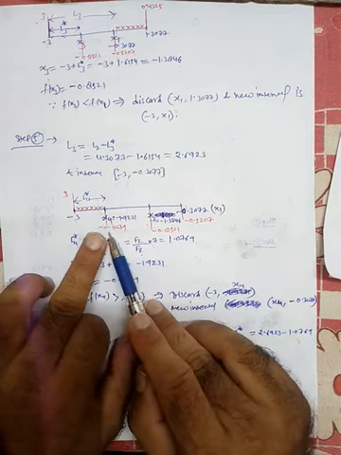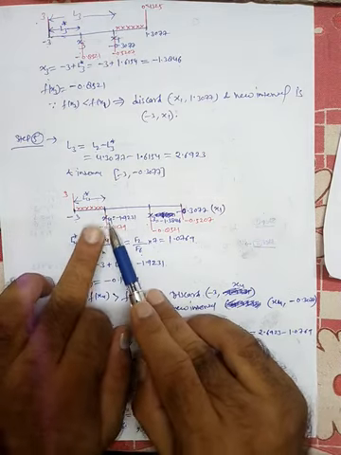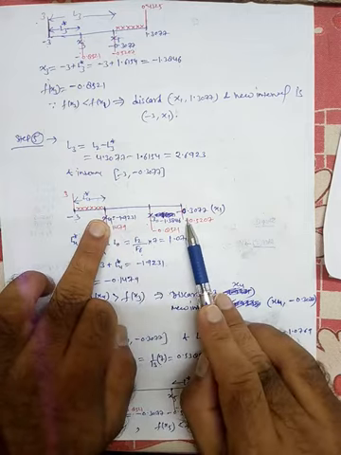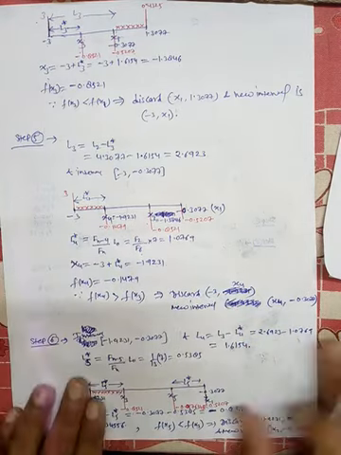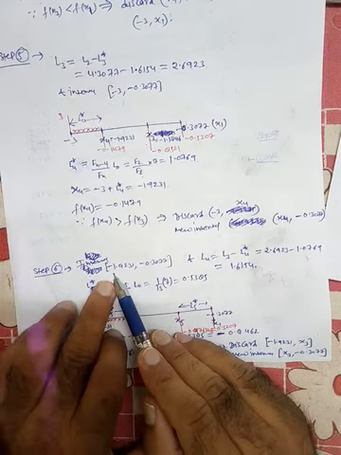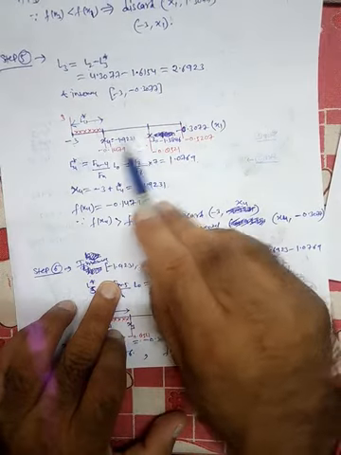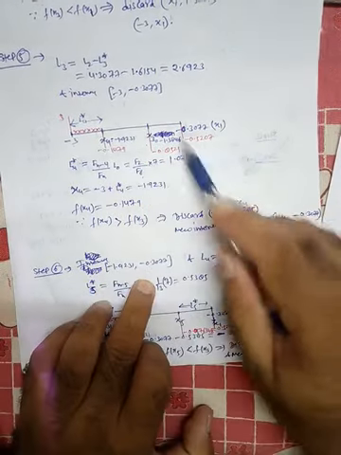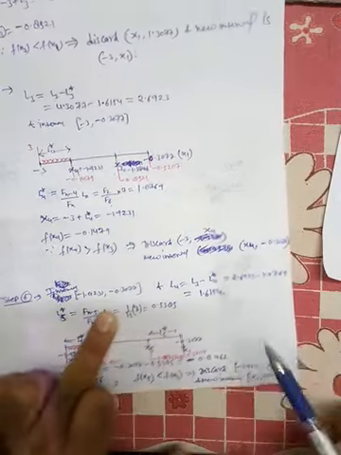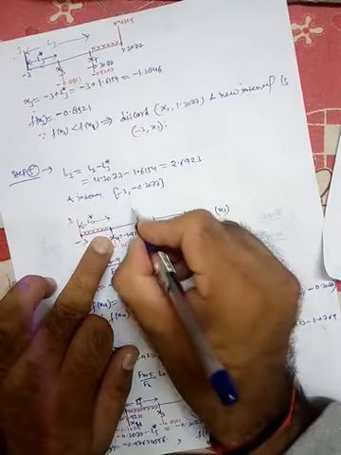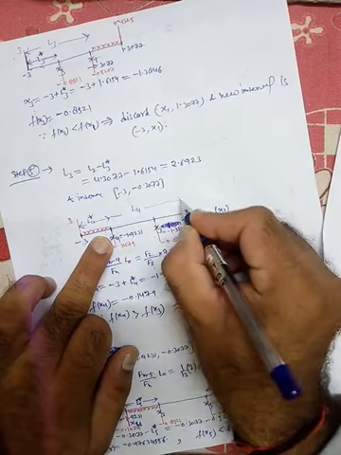So the next interval will be from x4 to this x1. So the next interval is minus 1.92, this point to this point. Okay, and then find L4. L4 will be the remaining distance. This is the L4 from here to here.